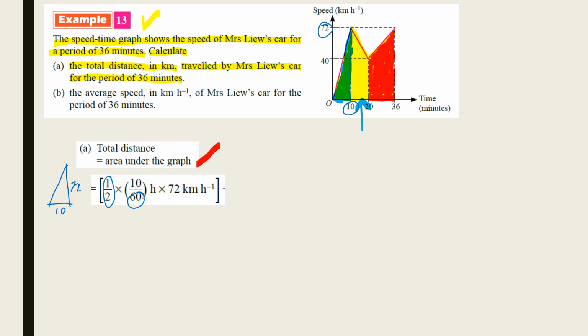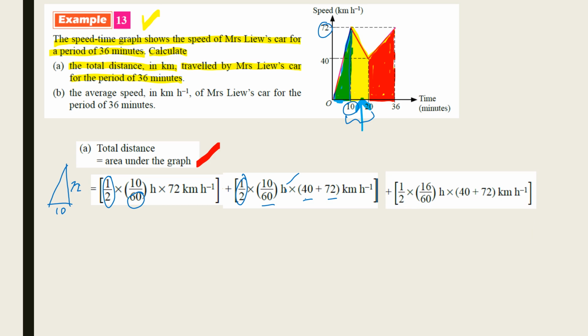Okay, next is the trapezium. Still 1/2 times. So the difference is 10. Because you want to change into hour, you divide by 60. And then the parallel lines are 40 and 72. Then next, the red trapezium.